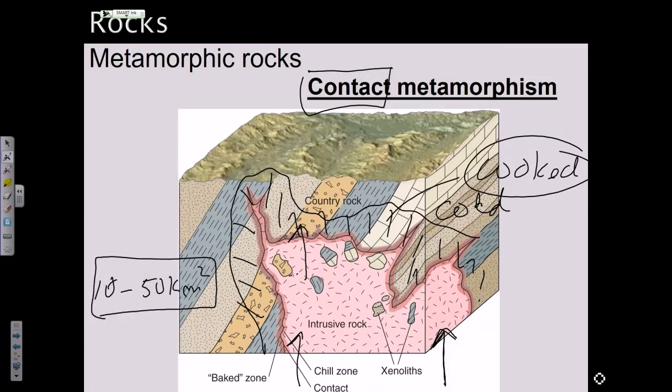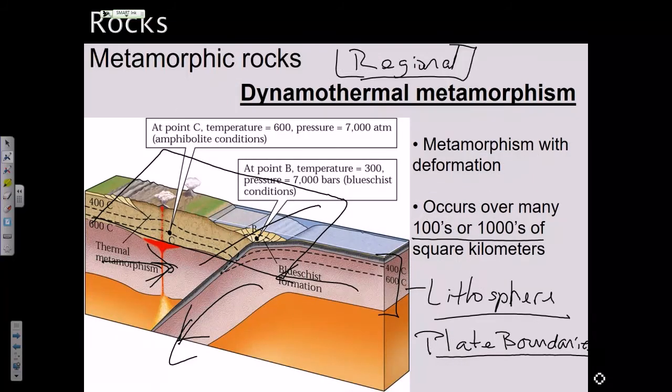Okay? Contact metamorphism is relatively small. In fact, this picture of my intrusive rock intruding into the country rock actually fits in this dynamothermal diagram right down in here, right? There'd be a pluton that's relatively small in there, cooking the rocks around it. So they're not unrelated or unconnected. Okay?